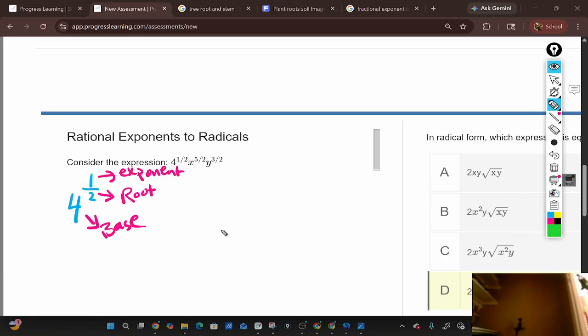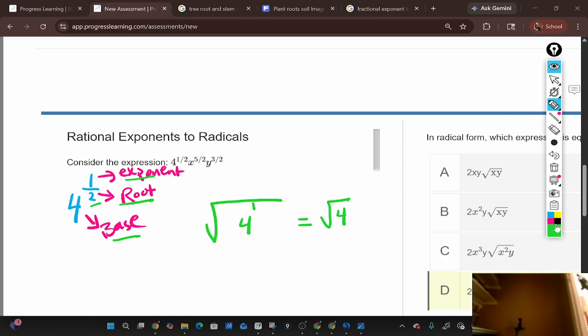So we start with the root, and the root is 2. We don't need to write 2 here because it's known that this is the square root. Now we have the base 4, and we finish with the base, and the exponent is the exponent for the base, so here is 4 to the power 1, which is the square root of 4.